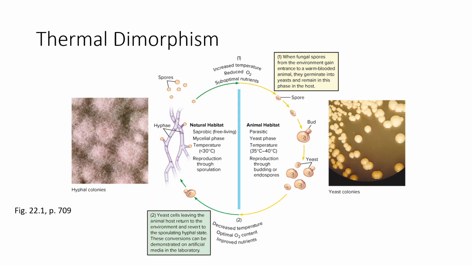Just to show you what's going on, I want you to look at this diagram. You can feel free to pause, but I'm going to go through it with you. Out in the everyday environment, fungi are going to be in a hyphal form, meaning they're multicellular, they're out in the open, and able to eat nutrients from their environment.